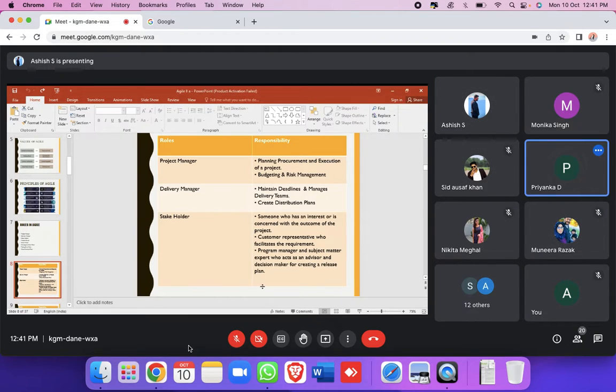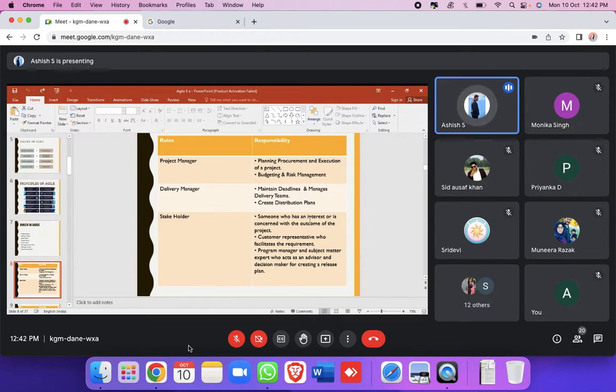So as you can see, a stakeholder is someone who has an interest or concern in the outcome of the project. As I told you, a retail shop owner with 3 owners wants to develop an application, and they are excited to see how the application will look. He might be a stakeholder, along with the customer representative who facilitates the requirements, the program manager, and the subject matter expert who acts as an advisor and decision maker in creating release plans.